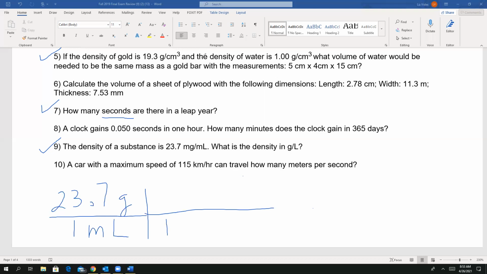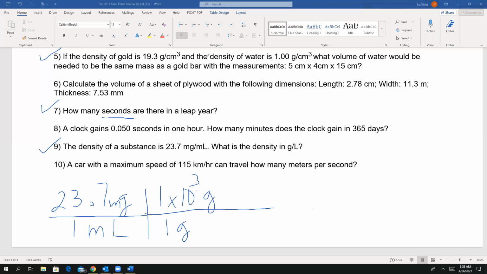So 1 gram is equal to 1 times 10 to the negative 3. Oh, that's milligrams, sorry. So this is the opposite, 10 to the positive 3 milligrams.